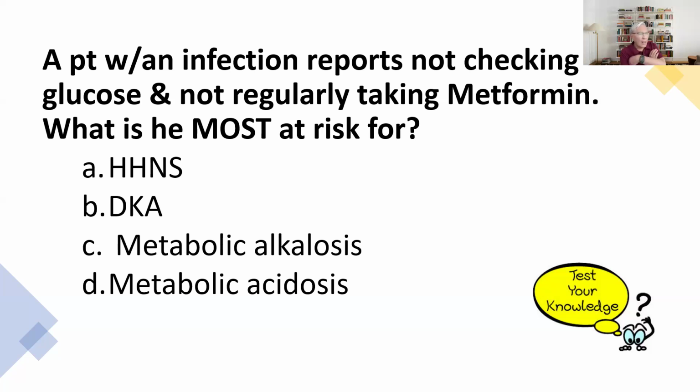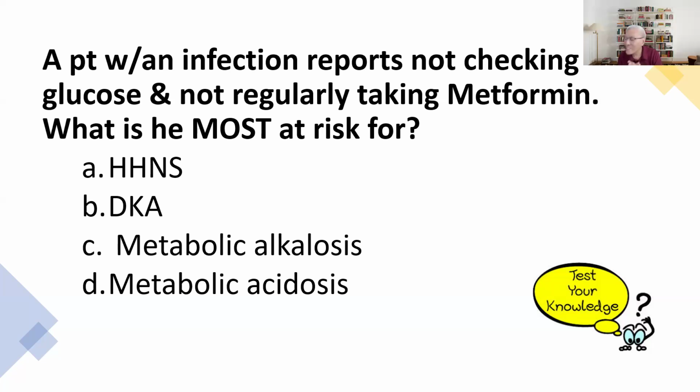Okay. So this is a tricky question because it could be DKA or HHS, right? But why is the answer HHS, letter A? I guess because metformin is for diabetes type 2. Very good.